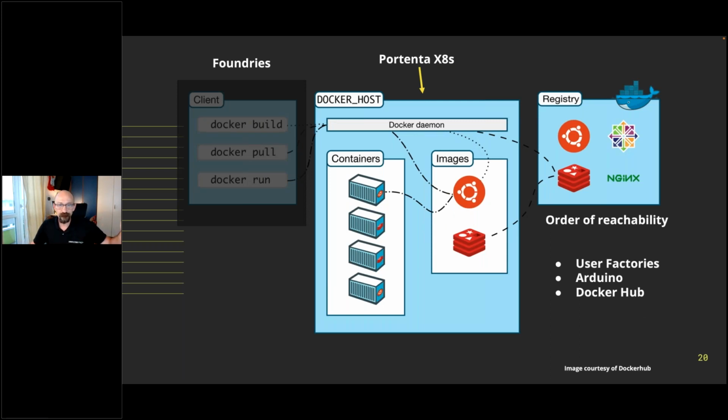In our case, the Portenta X8 will act as a Docker host. So you can see here the Docker daemon and all the containers. Each container is isolated and runs one or different images based on your application.